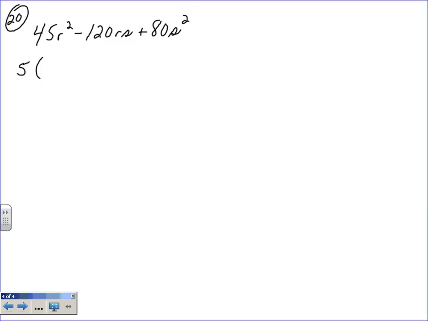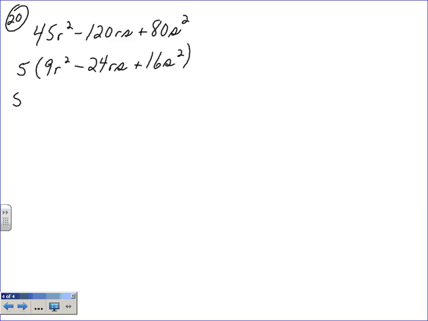Does it equal 0? Oh, no, it can't equal 0 on this one. All right, and we have 9r squared. Is that a perfect square? 3r times 3r? Okay. 5 goes into 120 how many times? And 5 goes into 80? 16. Did you have those numbers? You know, I had 17. Okay.